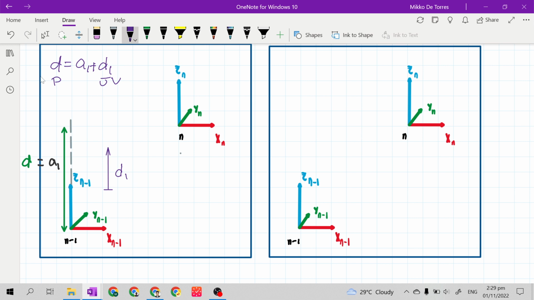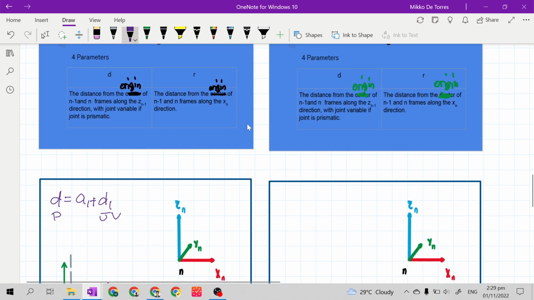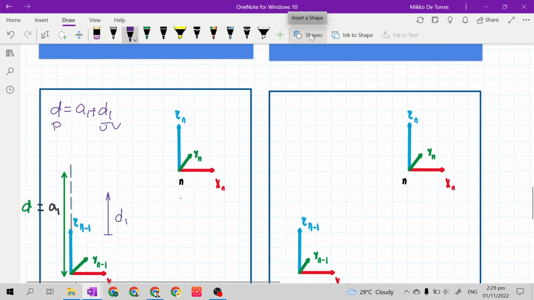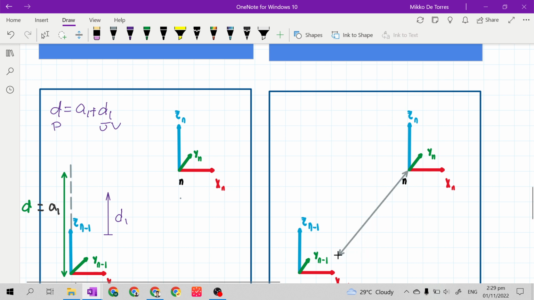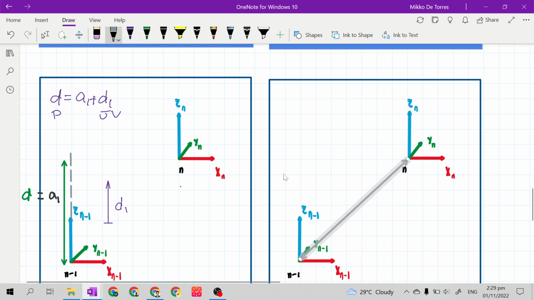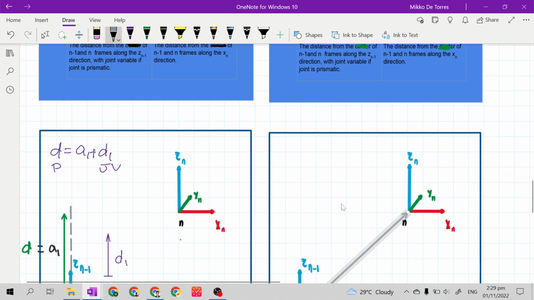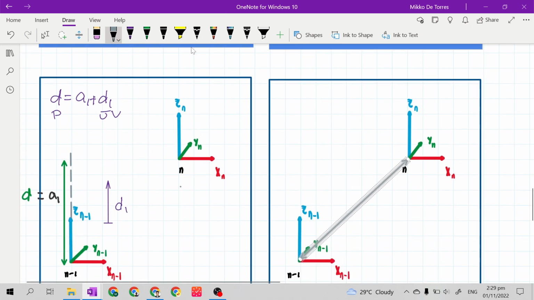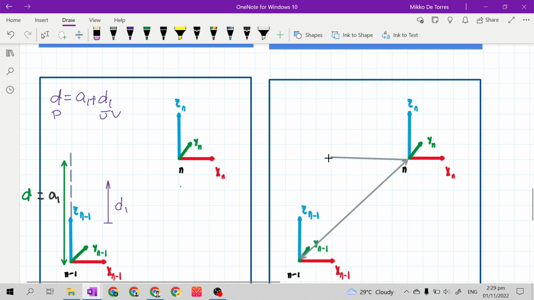So this is for d, while r is the distance from the origin of frame n and frame n minus 1 along the x sub n direction.